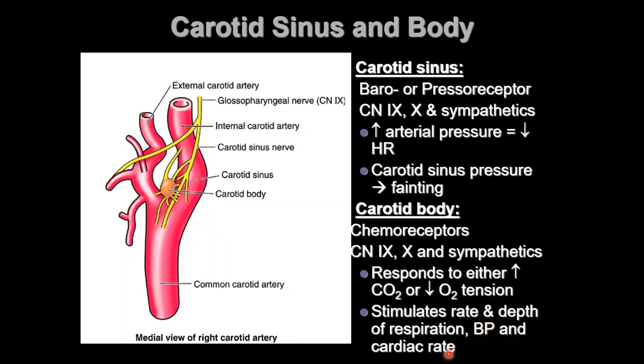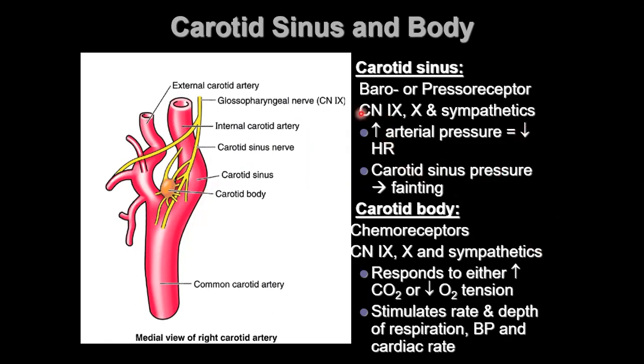It can also affect your blood pressure and the heart rate. So these are two different areas of sensation that you have in your body, and it all has to do with your sympathetics.